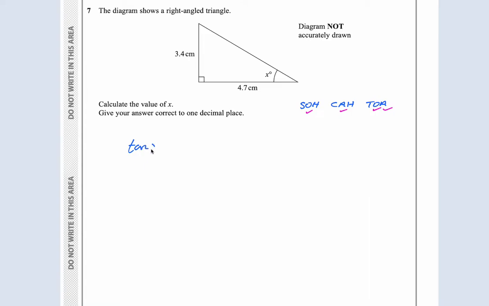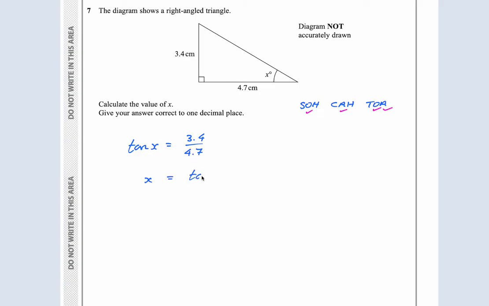So I'm going to say tan of x is equal to opposite, which is 3.4, opposite the angle, over the adjacent, which is 4.7. TOA, opposite over adjacent. And then I don't even have to calculate this.